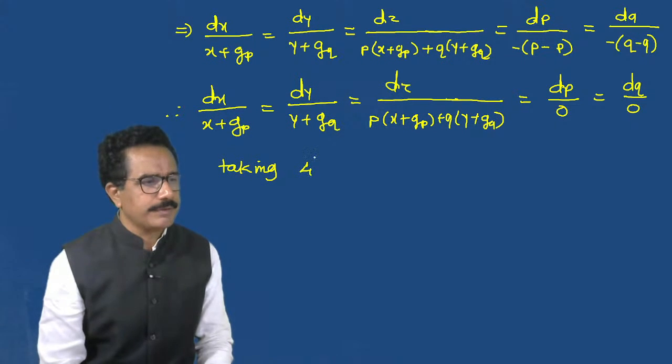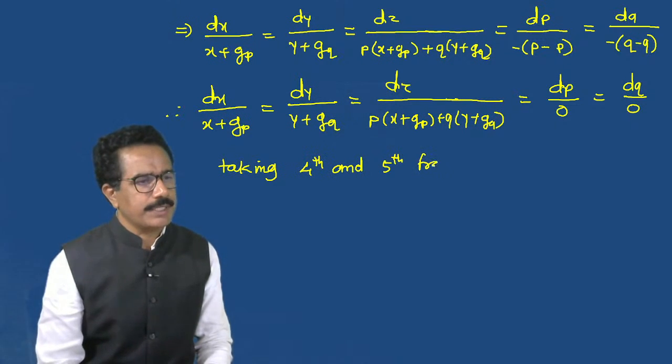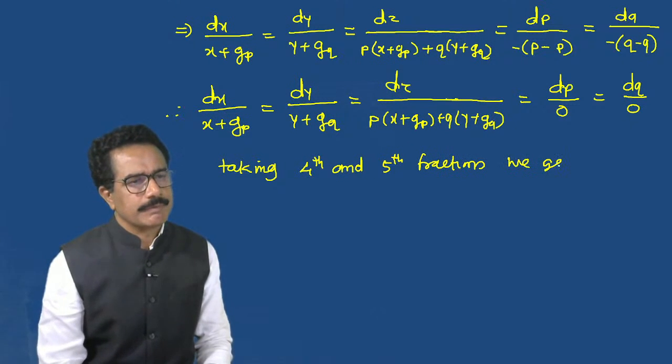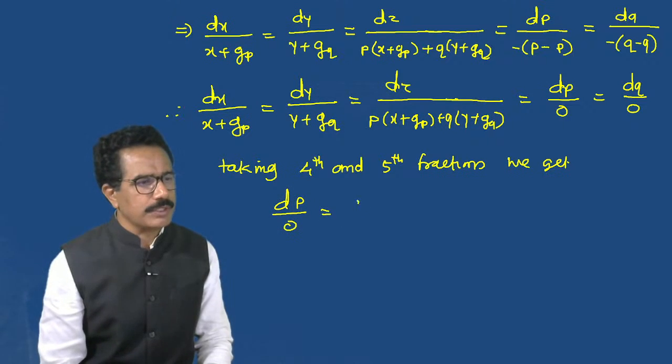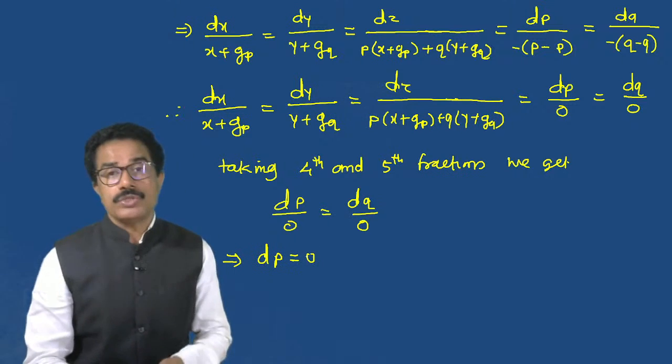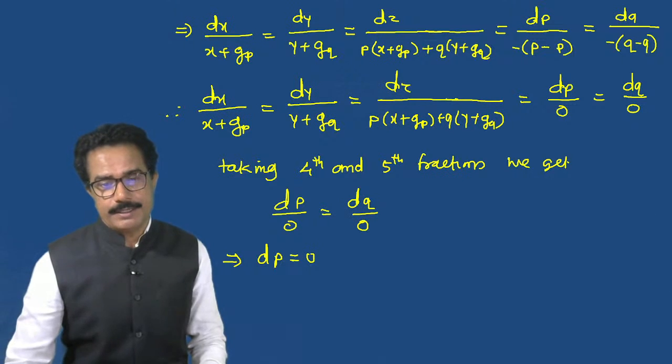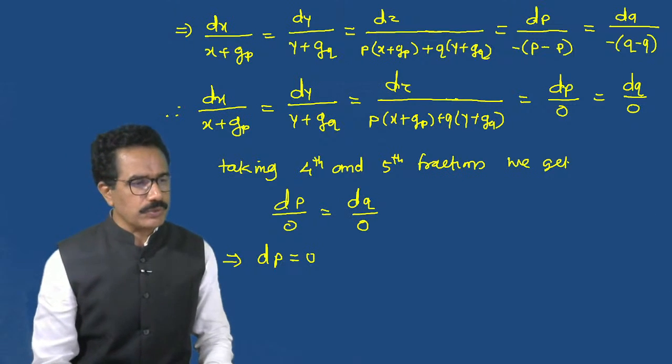So if we take the last two fractions, taking 4th and 5th fractions, then we get dp divided by 0, which is equals to dq divided by 0. This implies that dp is equals to 0 and dq is equals to 0.